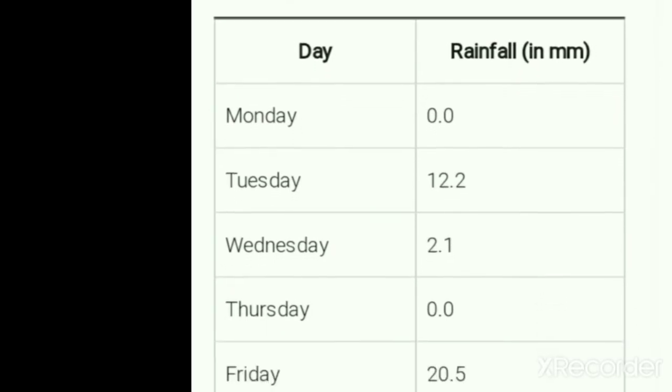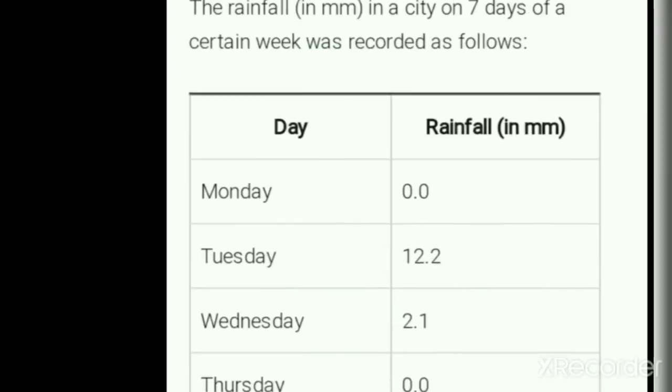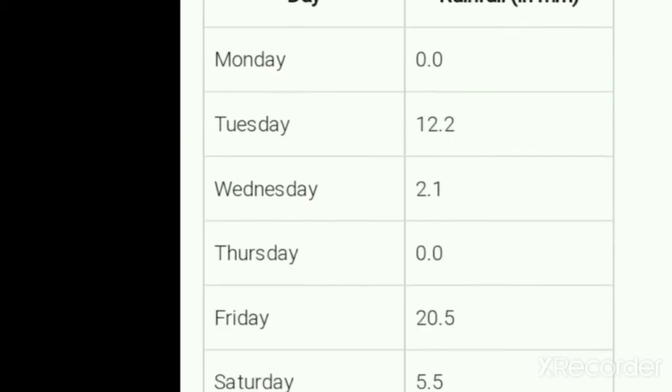Question number 8. The rainfall in a city on 7 days of a certain week was recorded as follows. Children, the rainfall for 1 week is given, from Monday to Sunday, 7 days.